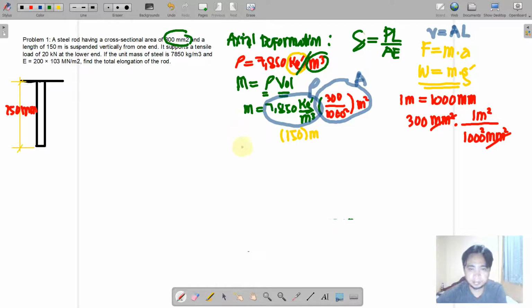Finally, the mass is obtained: 7,850 times 300 times 150 divided by 1000 divided by 1000.